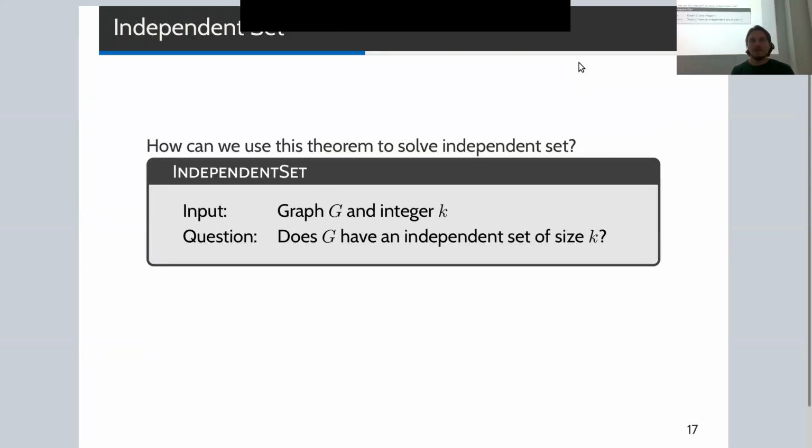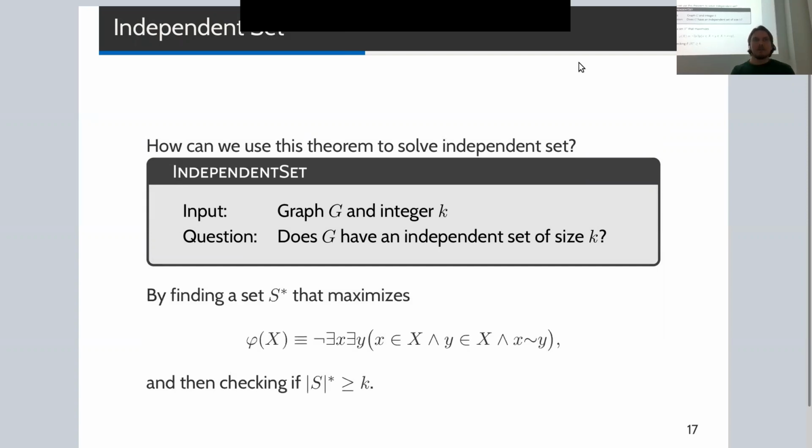So let's use this to solve independent set, just as a recap of what we just talked about. So independent set, here with a graph G and an integer K, we want to find an independent set of size K. And this is the same thing as finding some set S star that maximizes this independent set formula.